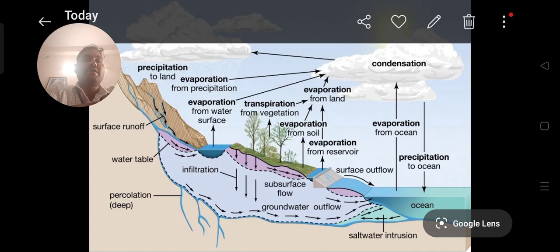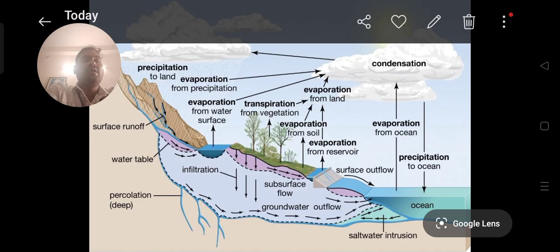Then this liquid is evaporated, and finally it moves to the atmosphere. Small particles are formed, and when they move to the highest elevations, the particles come together because of their charges. Then condensation takes place.